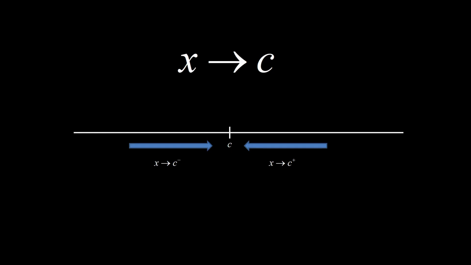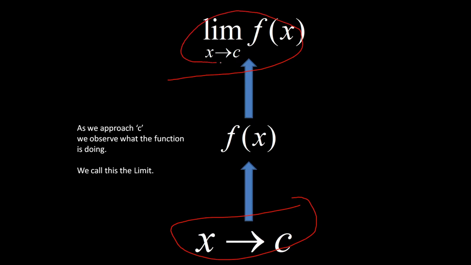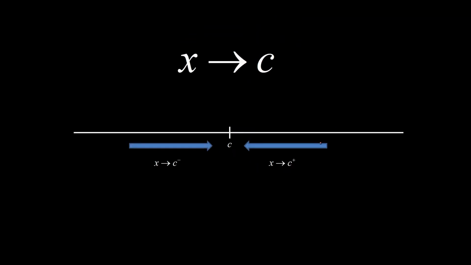So there is a big distinction here between what x approaching c and what the limit means. So x approaching c is something we can always do, because no matter what value you choose for c, we can always approach it.